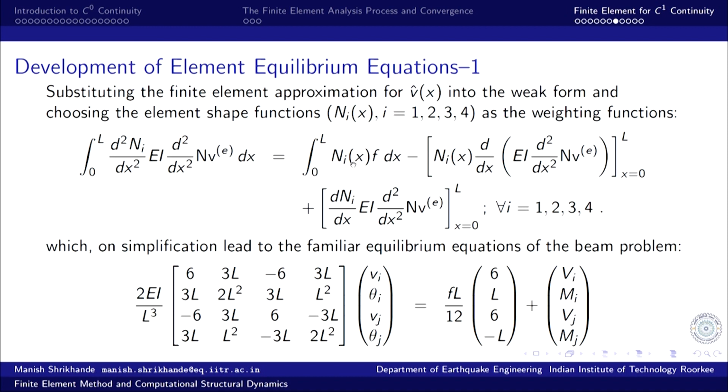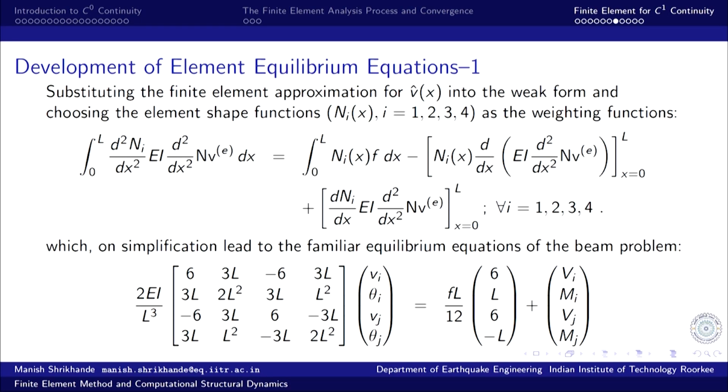So, this is the work done, the weighting function multiplied by external force, and this is the first boundary term, this is the second boundary term, at x is equal to 0 and x is equal to L. Out of these 4 terms only one term would exist at any point for any choice of n I, n 1, n 2, n 3, n 4. n 1 would exist only at x is equal to 0, the derivative of n 2 would exist at x is equal to 0, all other terms would vanish. n 3 would exist only at x is equal to L and all other 3 terms would vanish.